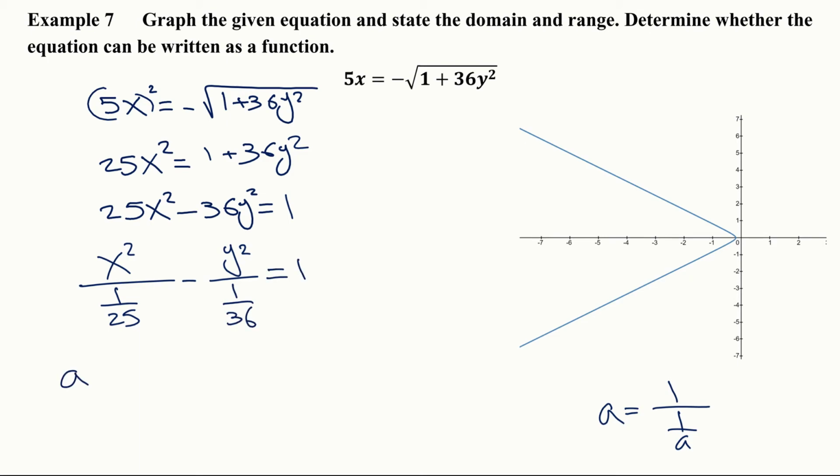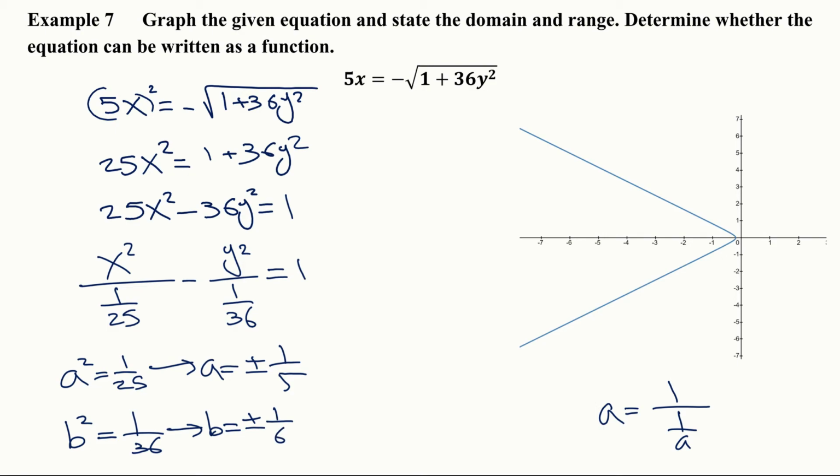So because it's the x term which is positive, I know it's going to be one of these left-right hyperbolas, horizontal hyperbolas, and so that's going to be a squared, 1 over 25, which gives me a equals plus or minus 1/5. B squared is 1 over 36. Therefore, b is going to be plus or minus 1/6.